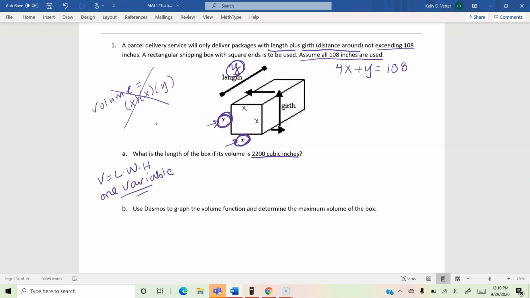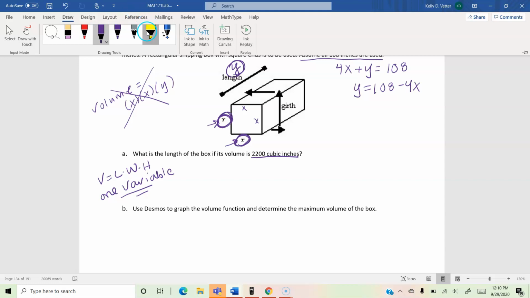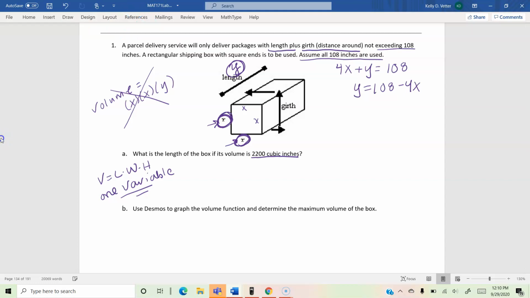So what we have to do is a little maneuvering. If you come back over to this equation over here, I can subtract that 4x over, and I can get this 108 minus 4x. Well, what that allows us to do is replace the y, anytime you want to use a y, with 108 minus 4x.